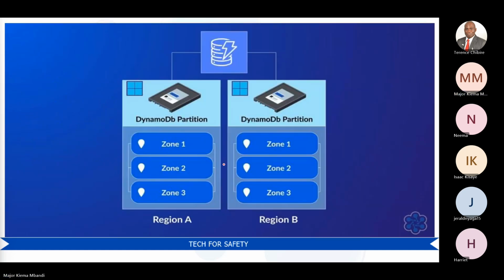Let me clear this slide. So a global table is whereby this DynamoDB partition can be in multiple regions using global replication. So you have region A. Remember the partition happens in 3 availability zones by default. So 1, 2, 3. But now you can do replication from this region to the second region. And that's why we call them global tables.